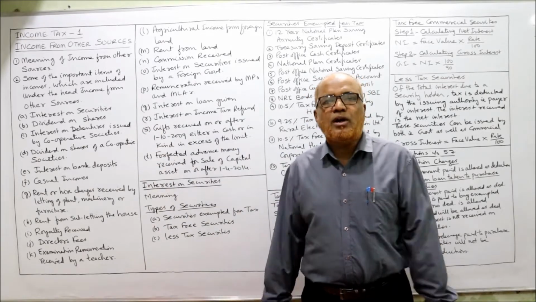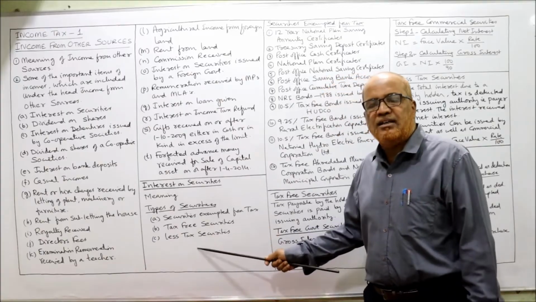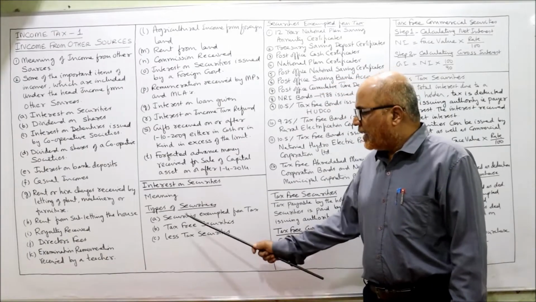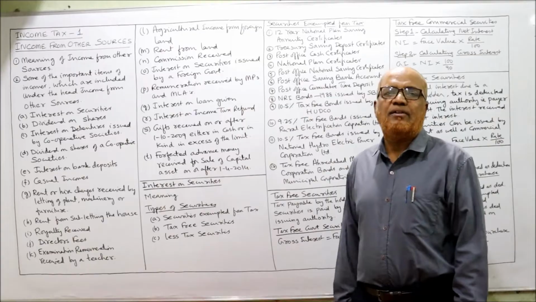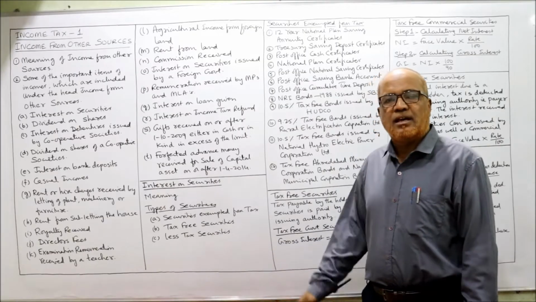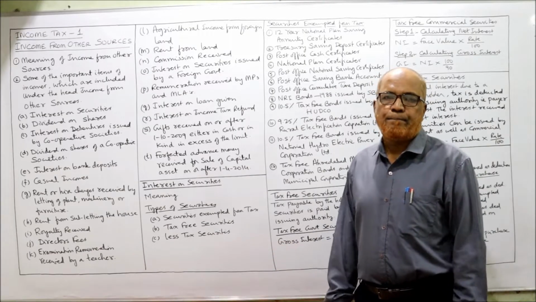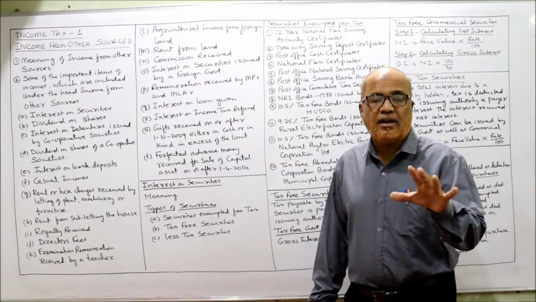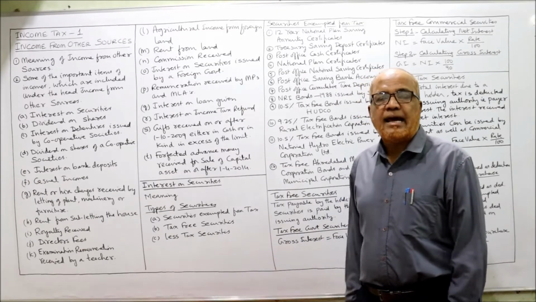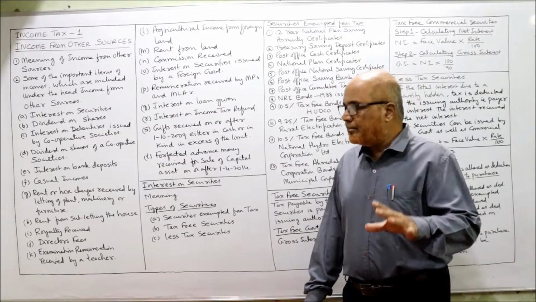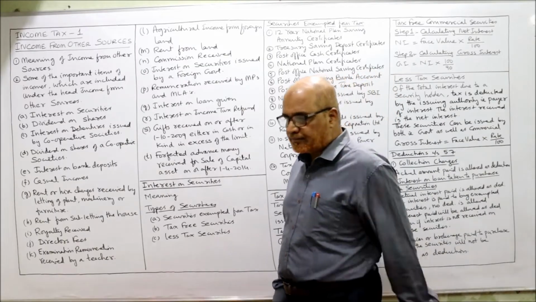From the income tax point of view, all the securities are divided into three categories: exempted securities, that is exempted from tax, tax-free securities, and less tax securities. Separate provisions are there in the Income Tax Act regarding the taxability of these securities. So I am briefly explaining each one.